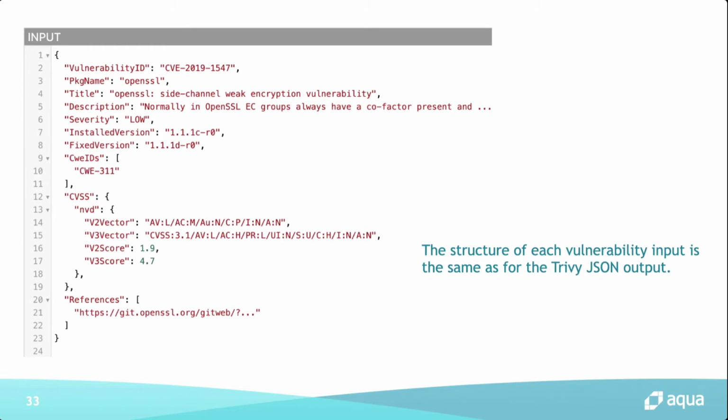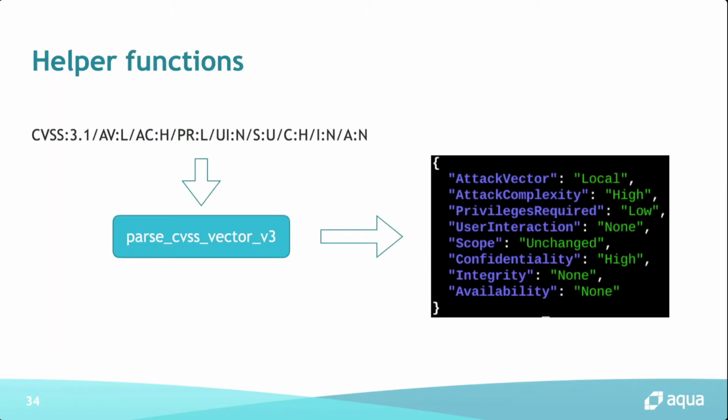It includes severity, CWE IDs, CVSS vector, and score, and so on. Also, it provides helper functions in Rego, like parseCVSSvector v3, which converts a CVSS vector string to an object so that you can easily access each metric.